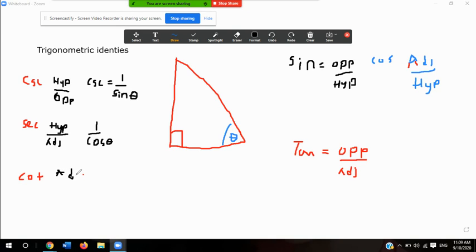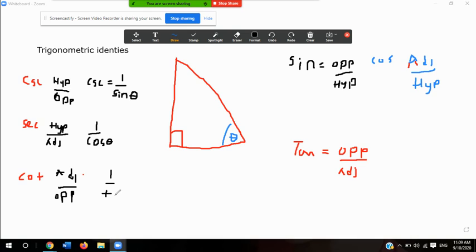So adjacent over opposite, but if we use the reciprocal trigonometric identity for it, it would actually be 1 over the tangent of z.